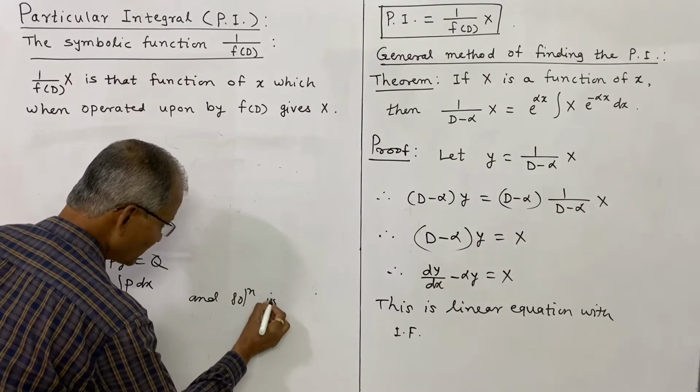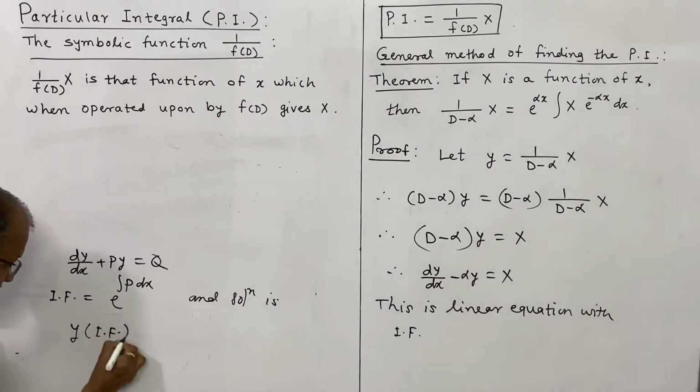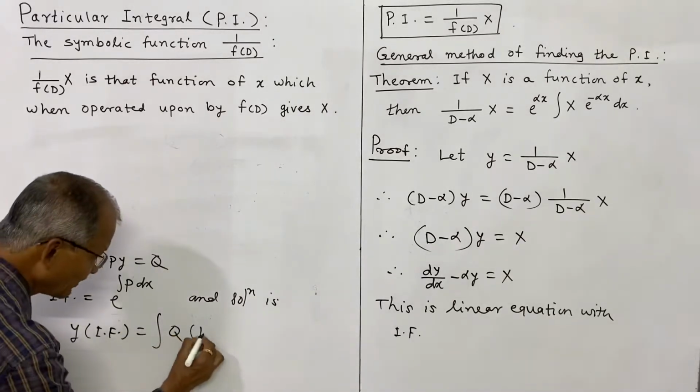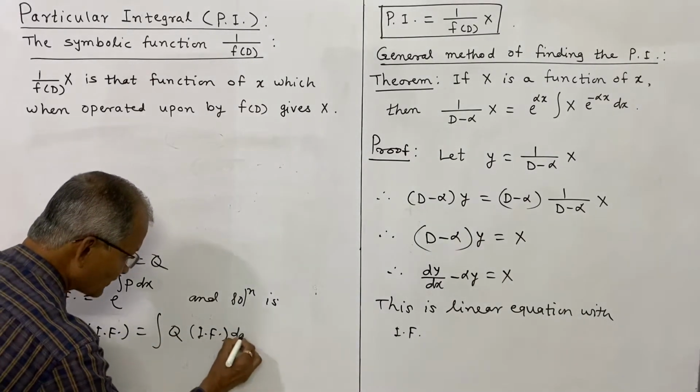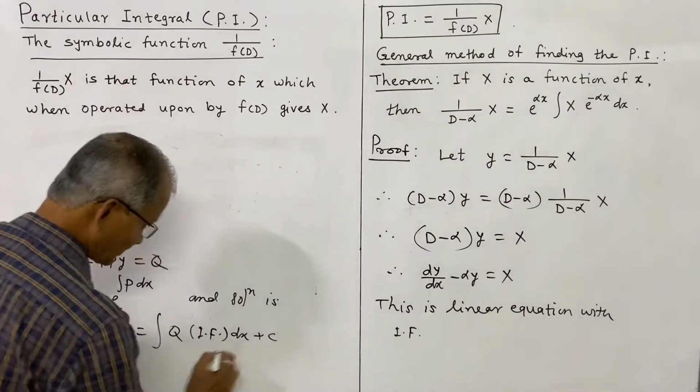we are using this result to solve that equation, and the solution is y into integrating factor is equal to integral Q, right side function, into integrating factor dx with respect to x, the integration, and plus a constant.